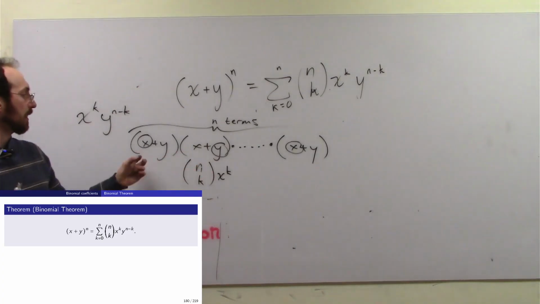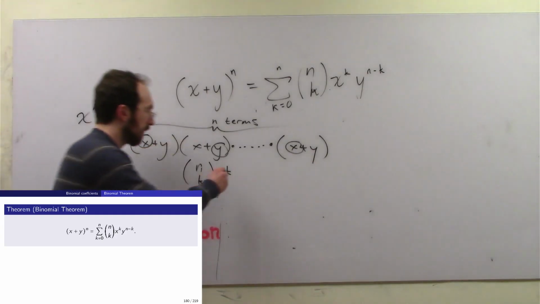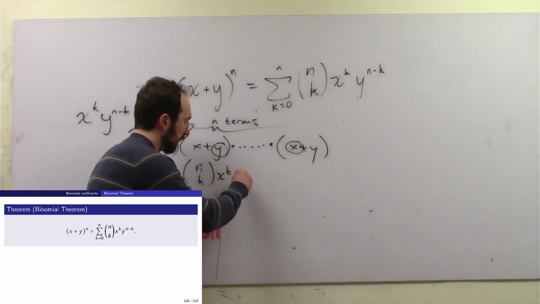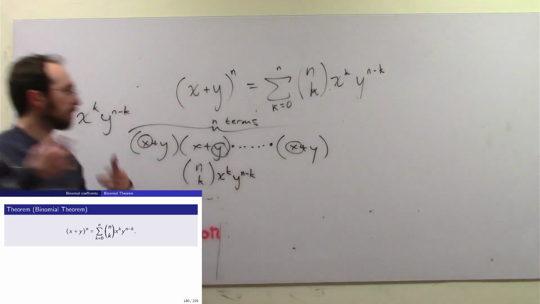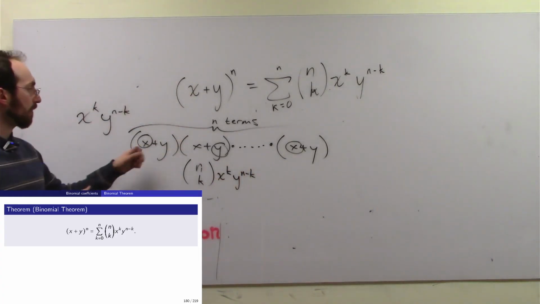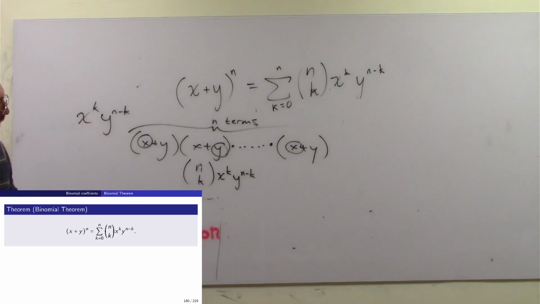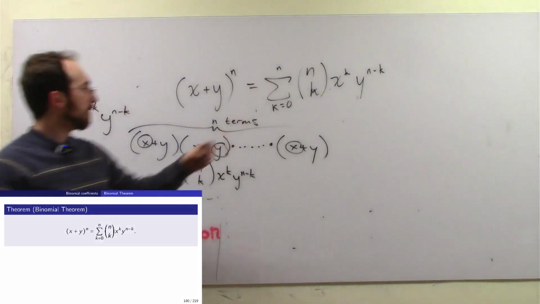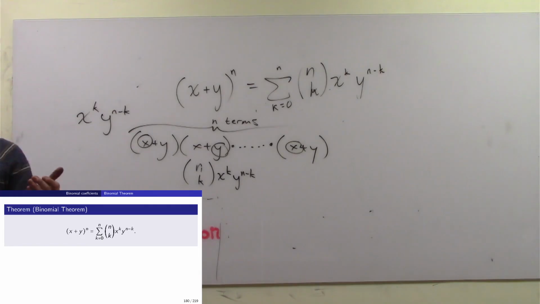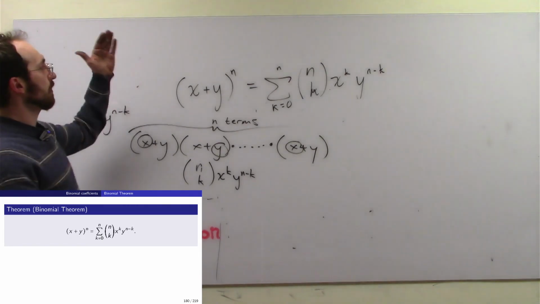And like I said, once I've chosen k x's, I get my y's for free. They're part of the expansion as well. And so we just sum over all possible values of k, and voila, we get the binomial theorem.